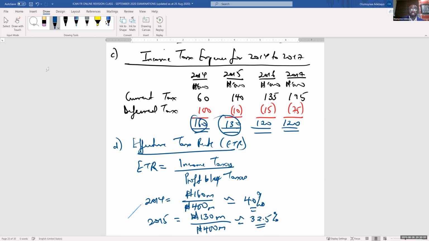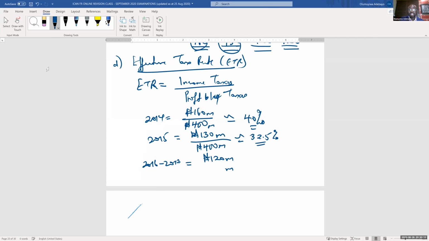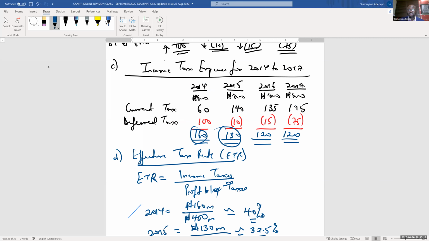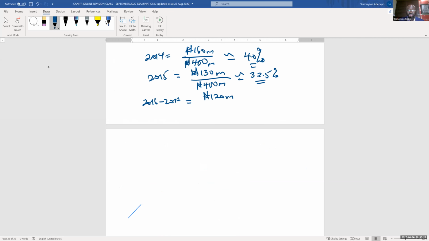And in 2016 to 2017, the income tax stabilized at 120, all because the rate is now 30% across the board. Therefore, 120 as a ratio of 400 million returns us back to 30%.